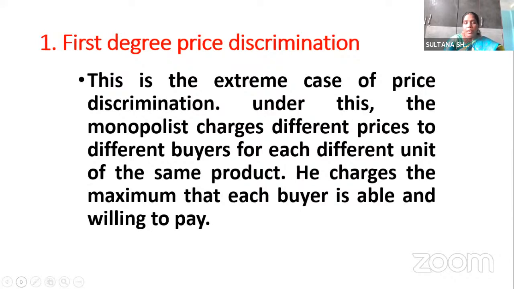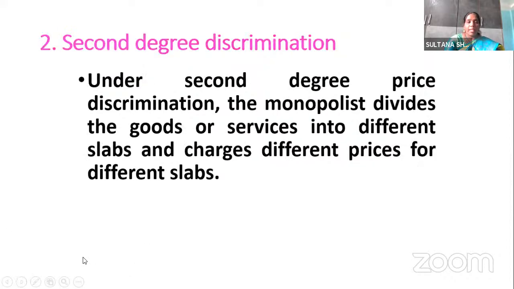So this type of price discrimination is known as first degree price discrimination: different buyers for each different unit of the same product. Same product, each unit is sold at a different price.